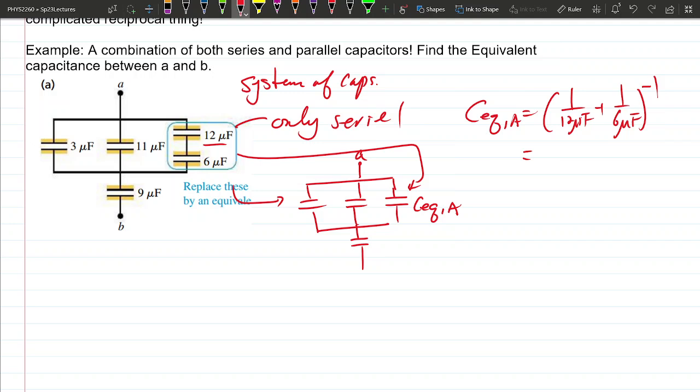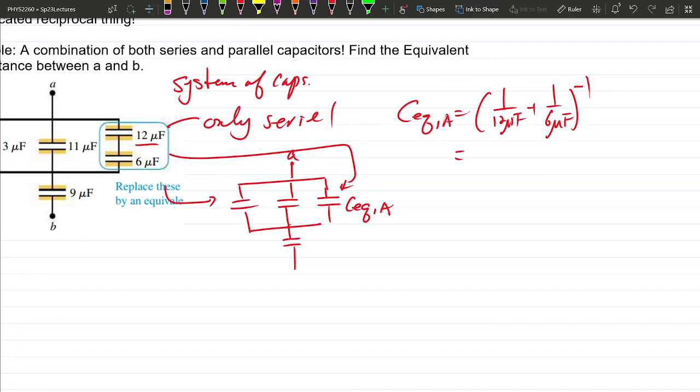There's a trick to this. Instead of dealing with all these microfarad units, I'm just going to compute this as 1 over 12 plus 1 over 6, take the reciprocal of it, and the microfarad units just stay. So 1 divided by 12 plus 1 divided by 6, all to the -1 power.